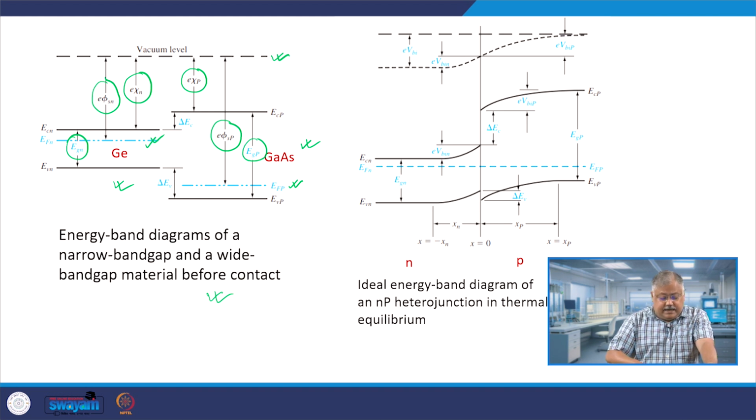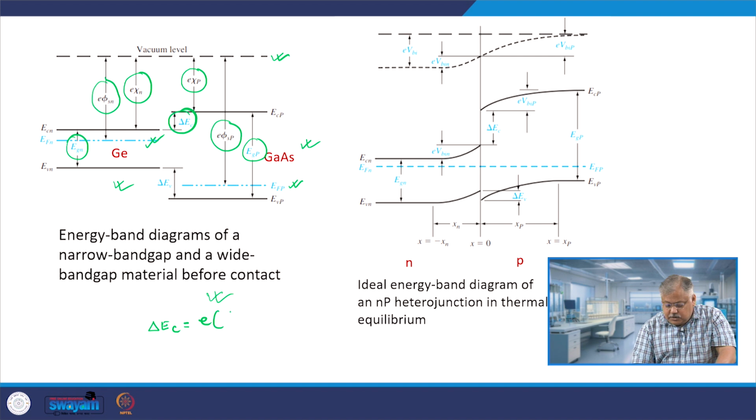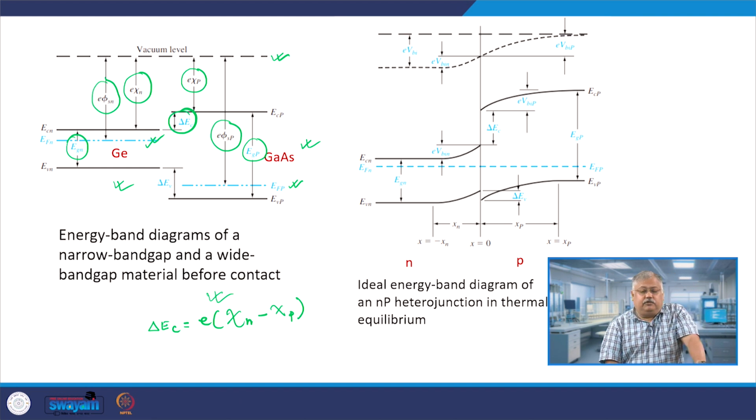Delta EC is basically the band edge discontinuity of the conduction band. If you write down delta EC, it will be given as E times (chi n minus chi p), the difference in the electron affinity of n type germanium and p type gallium arsenide.